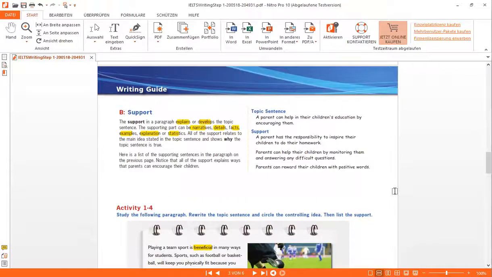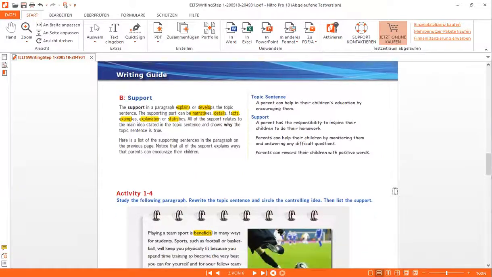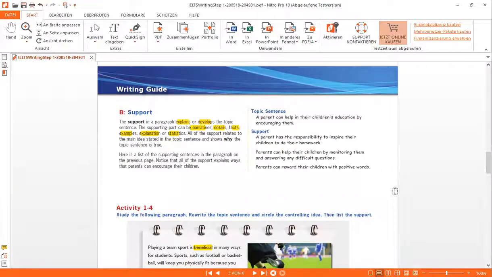The next element of a well-written paragraph is the support. Remember, I said at the beginning that when it comes to support, you've got a lot of tools to help you. You can use explanations, narratives, details, facts, examples, and statistics.